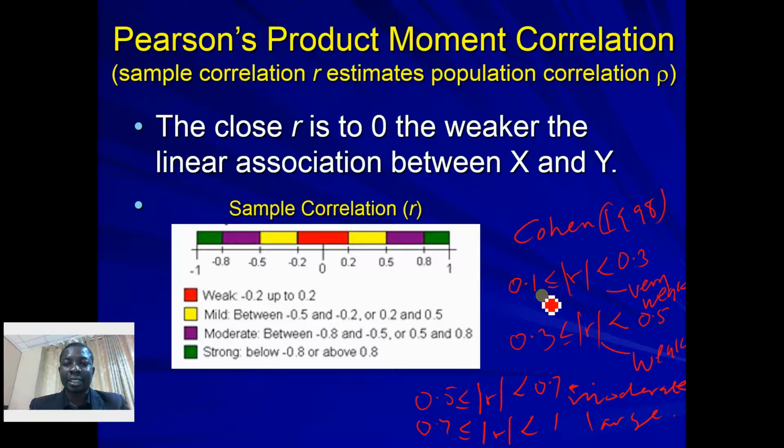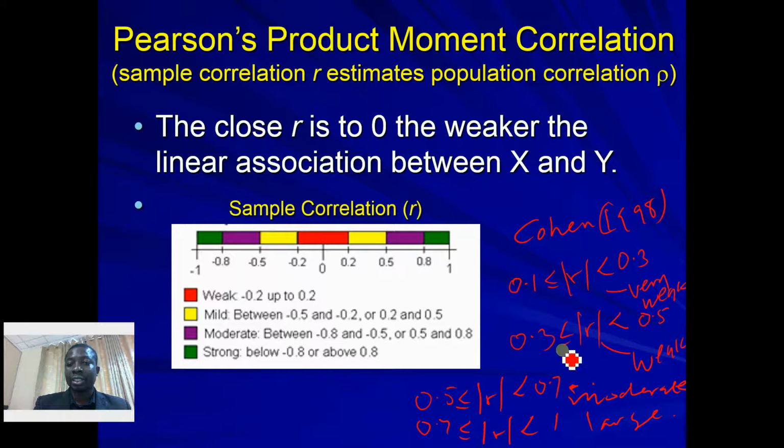So this one is saying that between 0.1 and 0.29, because less than 0.3 means you are ending up at 0.29, so 0.1 to 0.29 is very weak. Then 0.3 to 0.49 can be classified as weak.